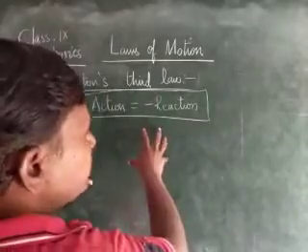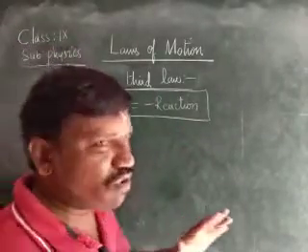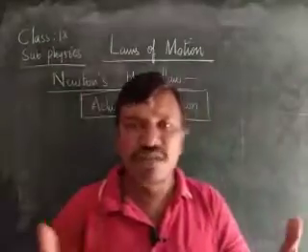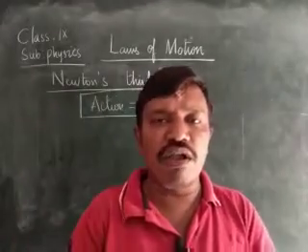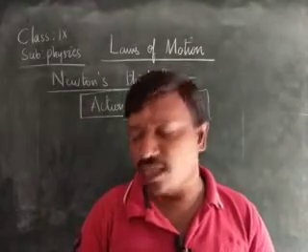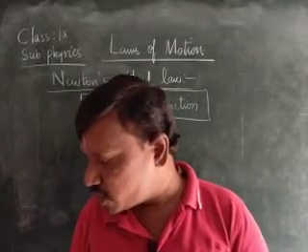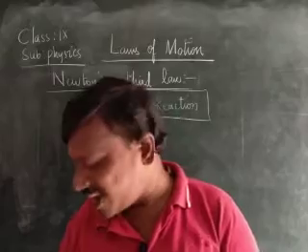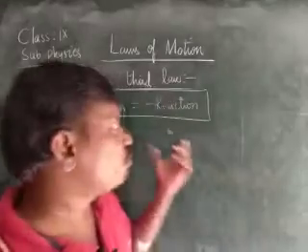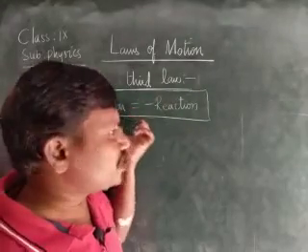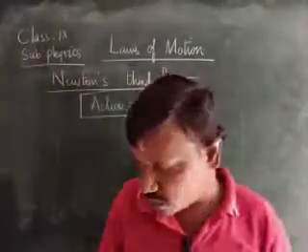If I push the wall, the wall also pushes me. That is according to Newton's third law. These two opposing forces are called the action and reaction pair: one is the action, the other is the reaction force.